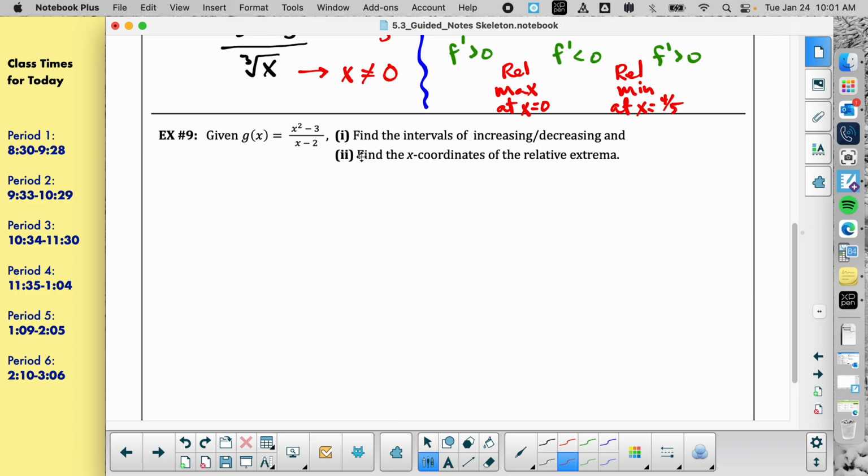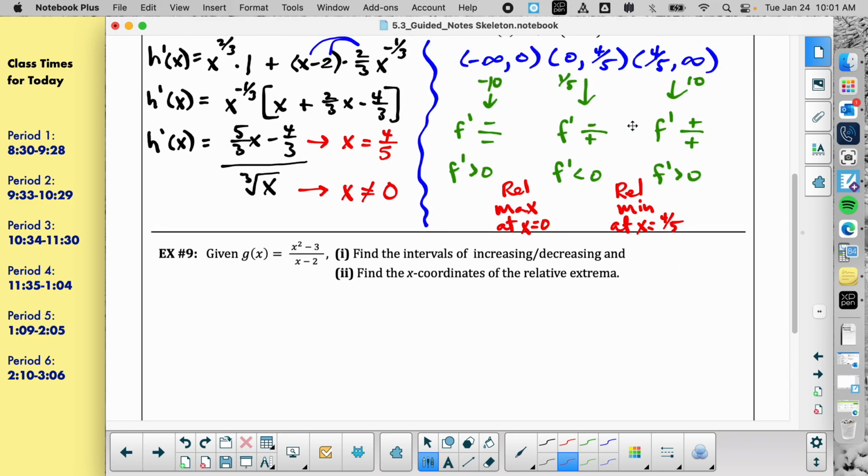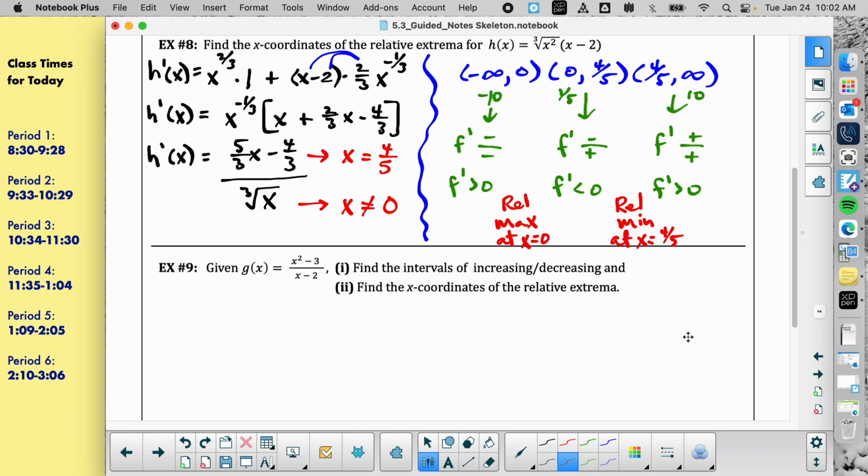So rationals frequently have vertical asymptotes. And vertical asymptotes kind of throw a wrench into this. The reason is that vertical asymptotes are often going to be a critical number, but you can't actually have the original graph there.